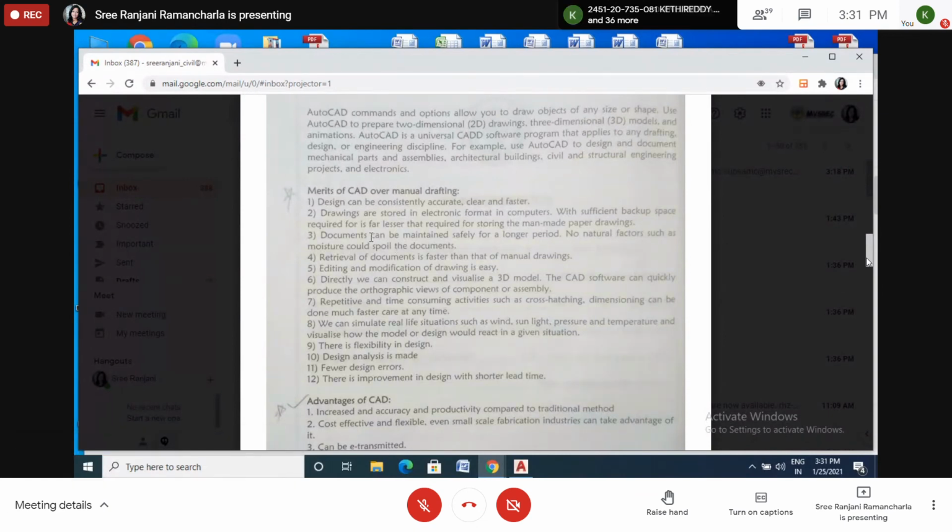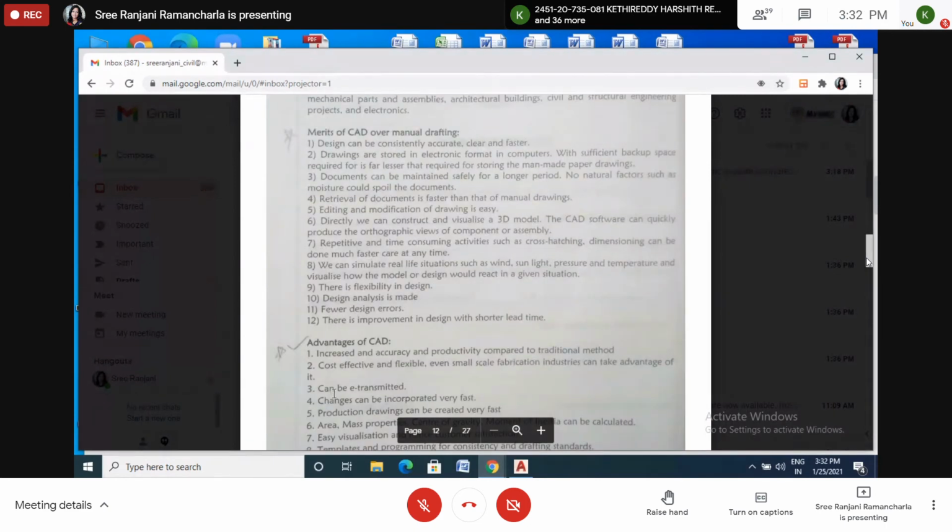Please read all these advantages and disadvantages of AutoCAD. See here, repetitive and time-consuming activities such as cross-hatching and dimensioning can be done much faster at any time. There is flexibility in design. Design analysis is made. Fewer design errors.